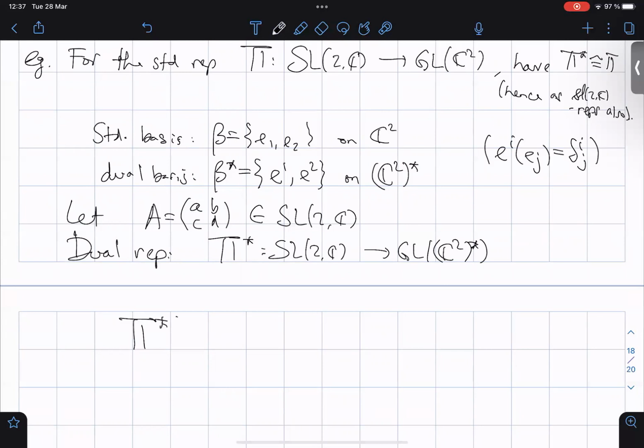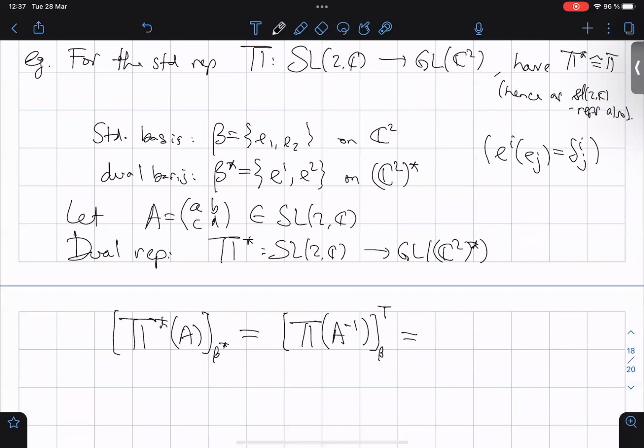Pi star on A, I'm writing this matrix out with respect to the dual basis. By definition, I should be taking this A inverse with respect to the basis on C2, the original vector space, and I'm taking its transpose.